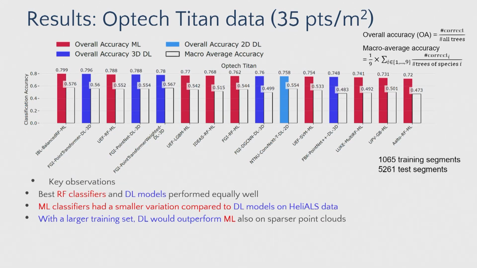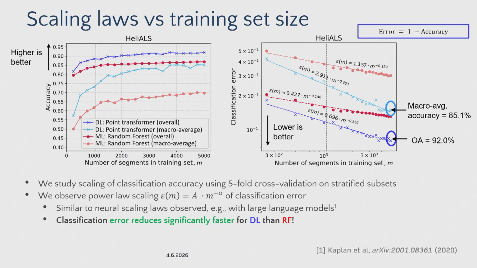Related to this ObjectTitan data, which was this 35 points data, there was not any big difference whether it was deep learning or machine learning, and almost everybody provided the same accuracy. We also studied that as a function of the amount of training data, and it seems that deep learning would win if the training data had been bigger.